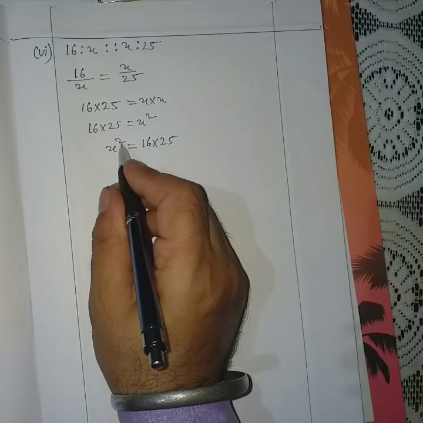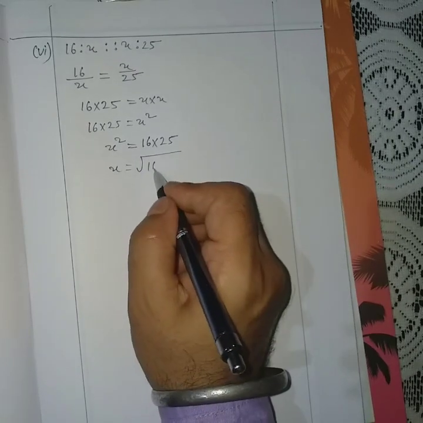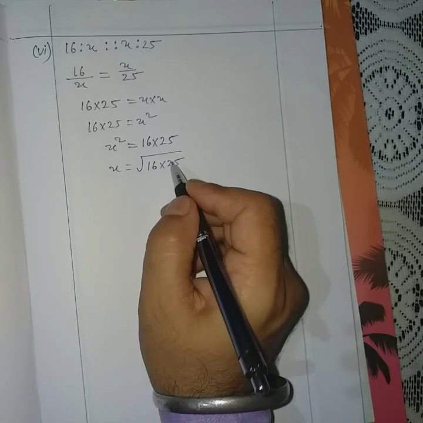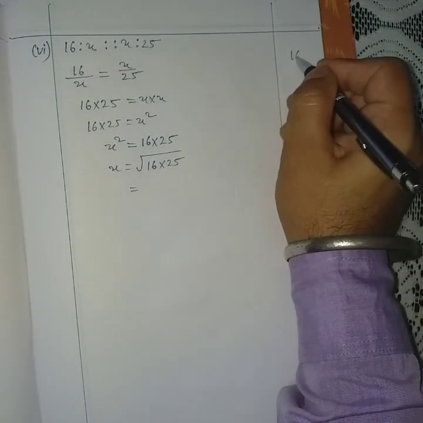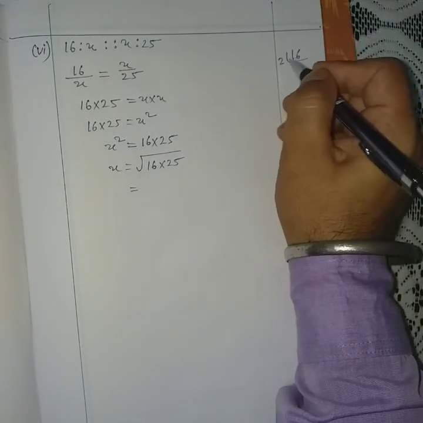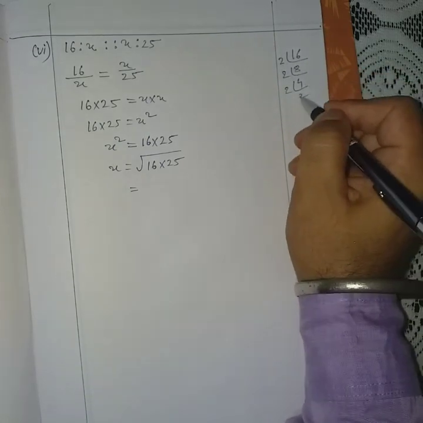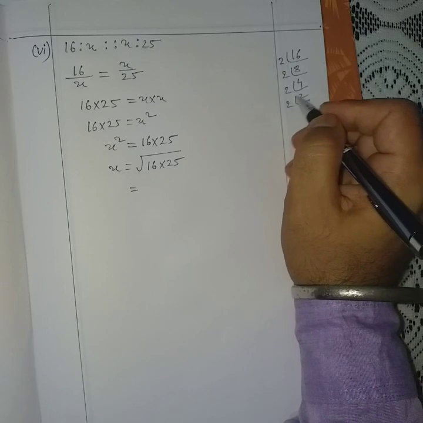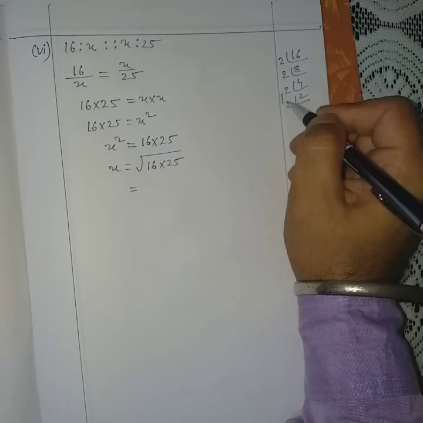Now when this square goes to that side, it becomes a square root. Okay, so we have to find the square root of 16 and 25. Factorize it. 2 8s, 2 4s, 2 2s, 2 1s. Okay, so now here you have to see pairs.